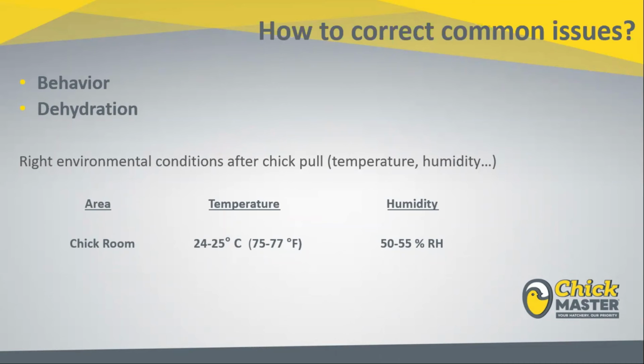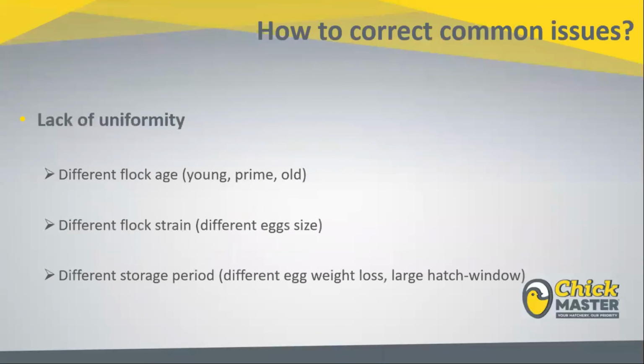So we should guarantee the right environmental conditions for our chicks. We expect between 24 and 25 degrees Celsius for the temperature and between 50 and 55% humidity in our chick room.